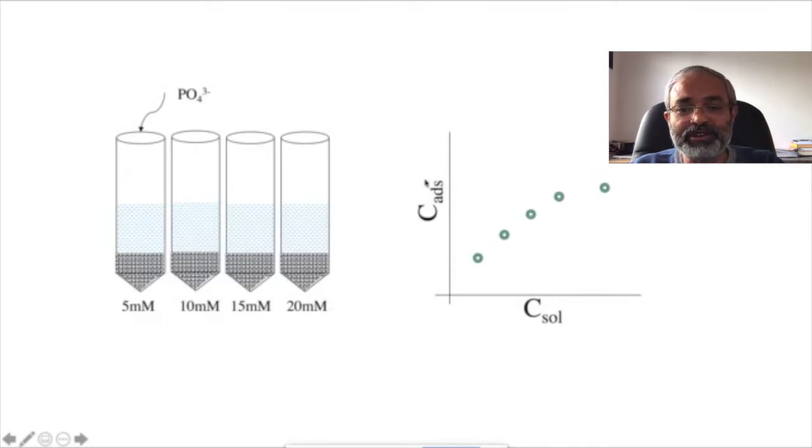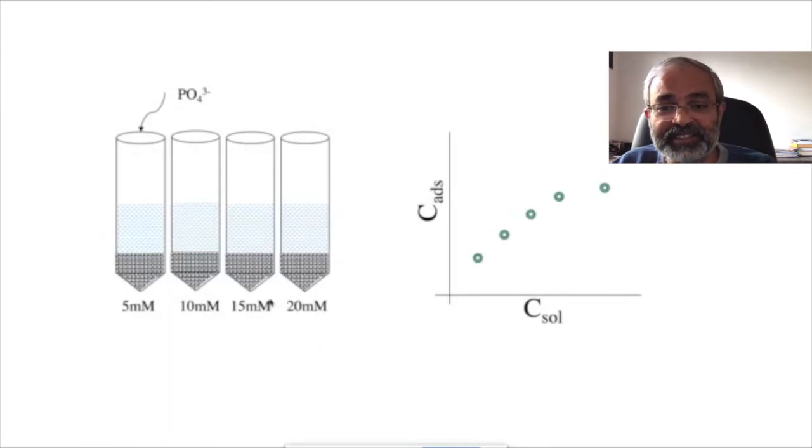So that gives you the concentration of adsorbed fraction, and you have the solution fraction already, that you had as input in the solution. So those two concentrations are then plotted on the curve like we had discussed previously, C adsorbed versus C concentration in solution, and you will get a plot something like this.